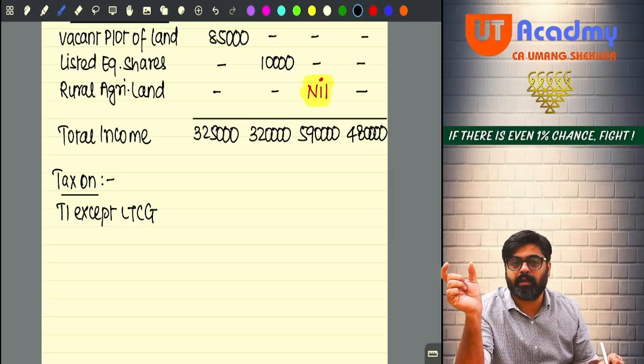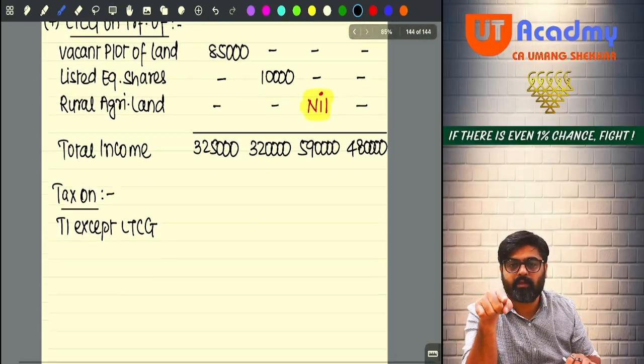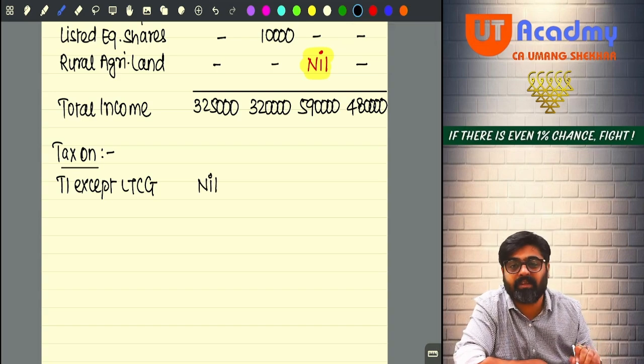So what is the total income except LTCG? It is 2,40,000. On that 2,40,000, what will be the tax? It will be nil because the basic exemption limit is 3 lakhs.